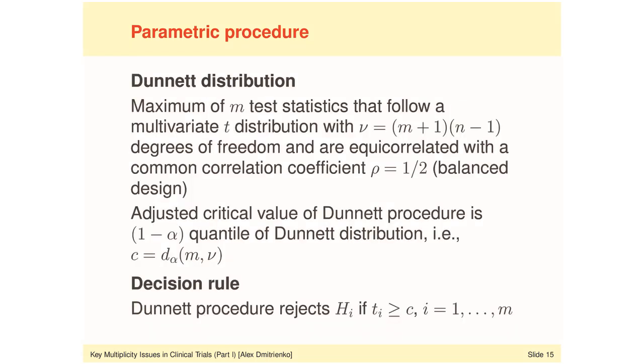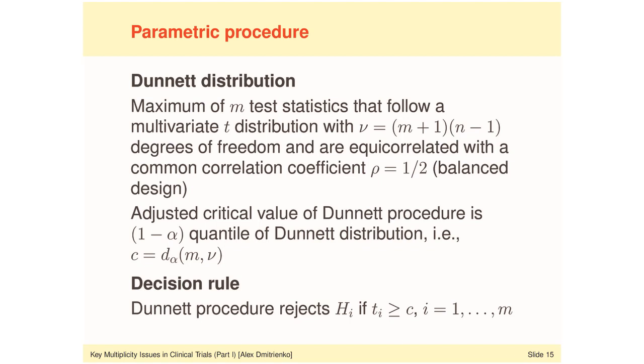Here is a bit more formal definition of the Dunnett distribution for a multiplicity problem arising in a clinical trial with multiple dose-placebo comparisons. We assume here that there are m dose-placebo comparisons, and therefore there are m test statistics. And this is the maximum of m test statistics, where each one of those individual statistics follows a central t-distribution.